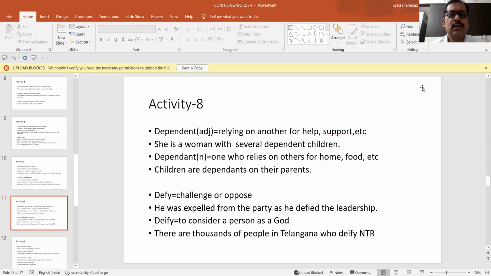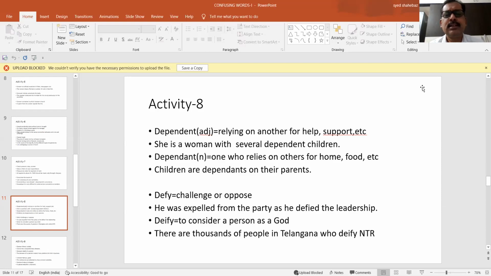Next, coming to activity 8. In activity 8, there are two words, dependent, dependent. The pronunciation is same, but spelling, see, the first one, D-E-P-E-N-D-E-N-T. The second one, D-E-P-E-N-D-A-N-T, after D, there is A, dependent.